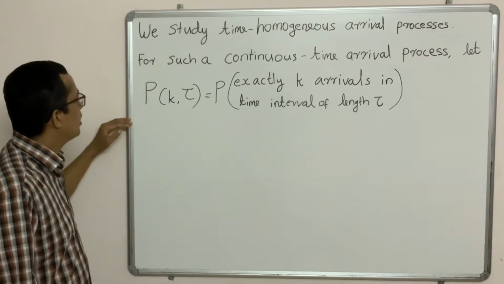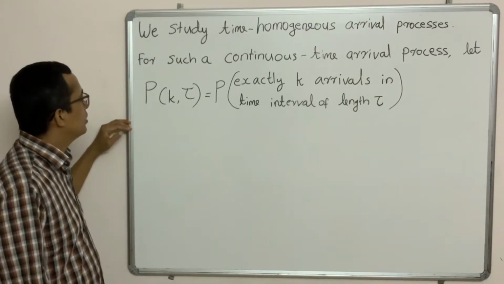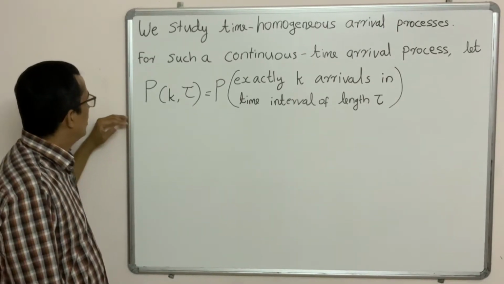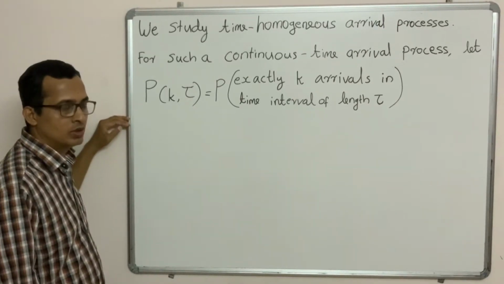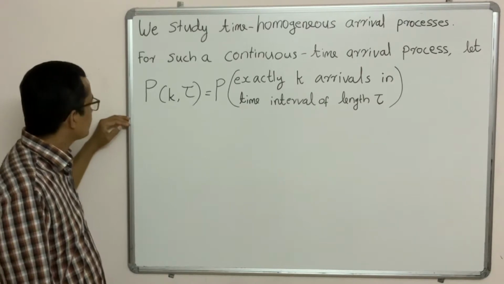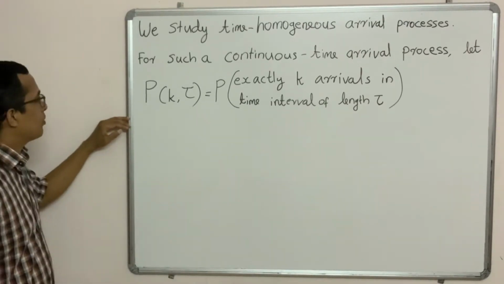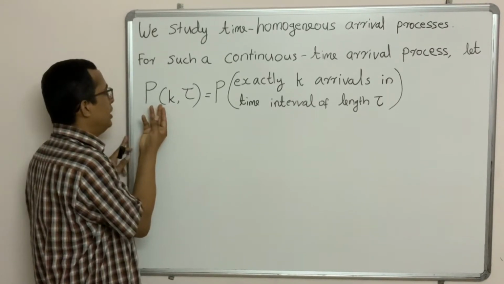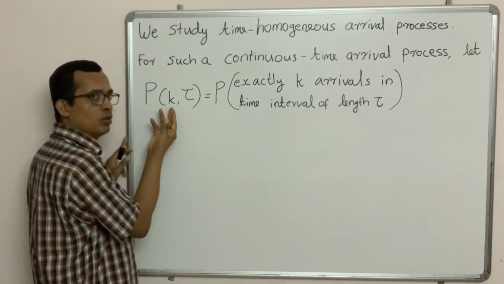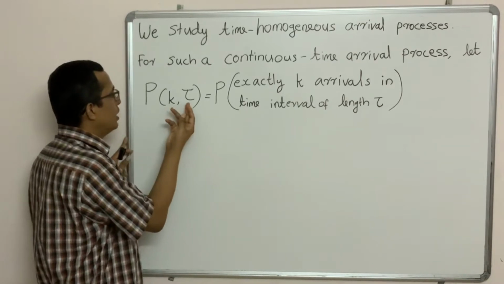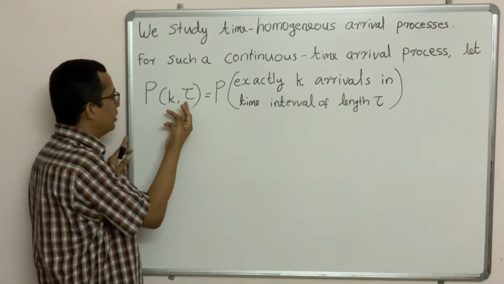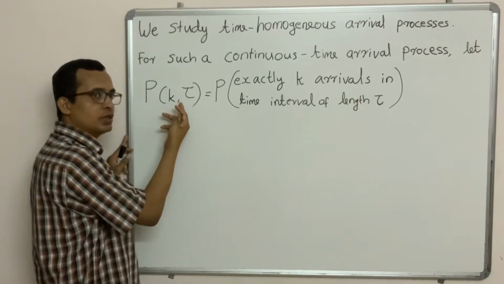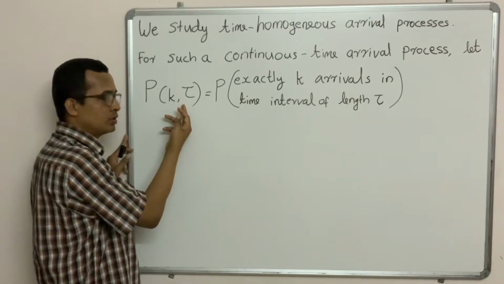It will be helpful to have this notation to define formally a Poisson process. We will use it throughout this chapter. P of k, tau. So k means the number of arrivals. k can be any number from 0, 1, 2, etc. Tau is the length of the interval, because we need to look at only the length of the interval, not actually the interval, because we are studying only time homogeneous processes.